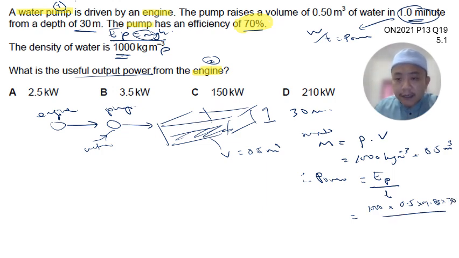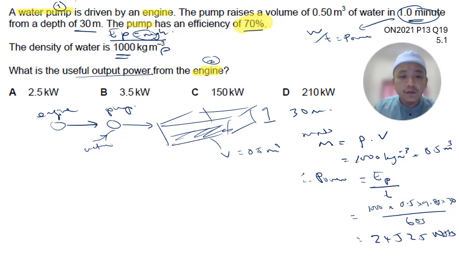This divided by the time, which is 1 minute, converted into 60 seconds. So here you can calculate and get your answer. Let's just use our calculator here. Roughly around 2452.5 watts.